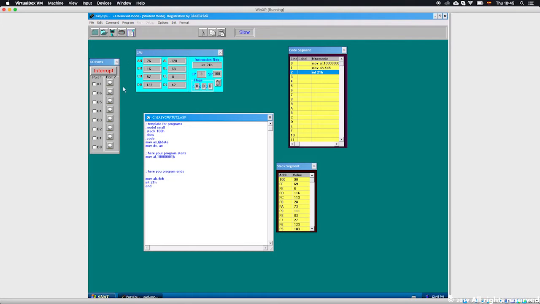If we put a 1 at bit 3, it will be 2 to the power of 3, which is 8, so minus 128 plus 8, and so on.